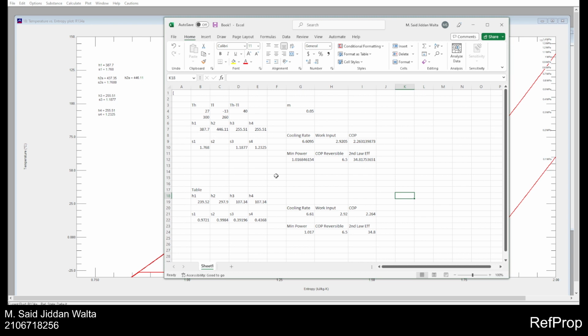And this likely occurs because RefProp doesn't use the same assumptions of saturation and quality as the tables do. In the tables, we are assuming, especially at the specific points of H3 and H2, that it is in a completely saturated vapor or saturated liquid form.